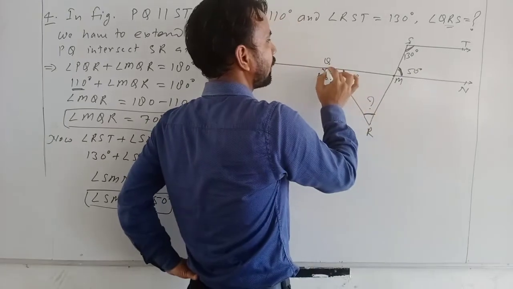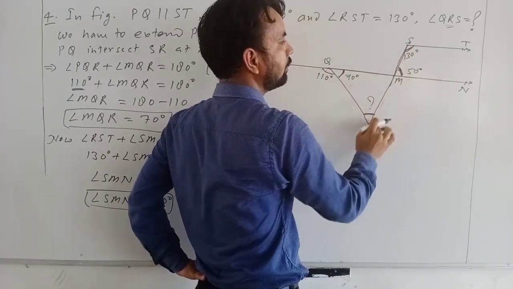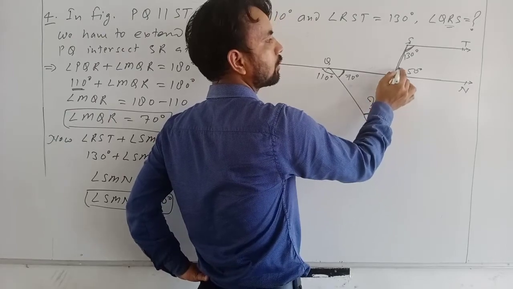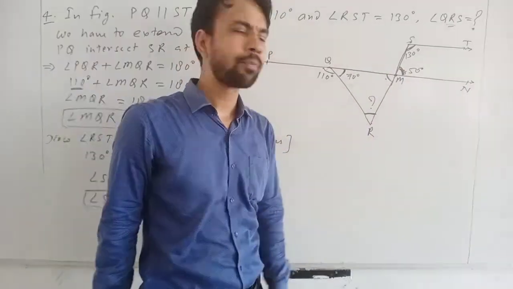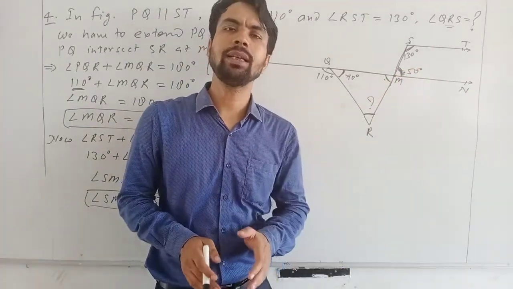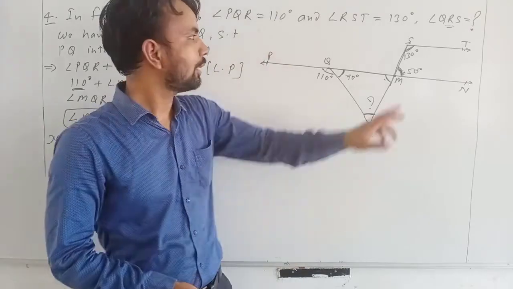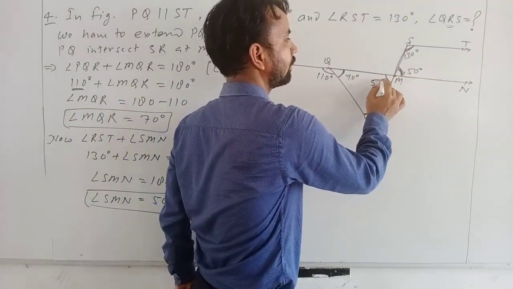Now see, this line and this line intersect each other at the point M. So this angle and this angle both are vertically opposite angles. And we know that vertically opposite angles are equal, so if it is 50, then this is also 50. Got it?